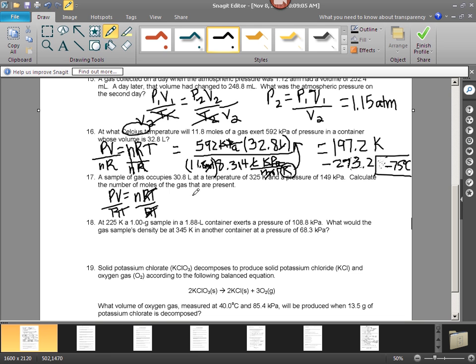the pressure, which is 149 kilopascals, times the volume, which is 30.8 liters, divided by the R value that matches kilopascals, that is the 8.3141 again.